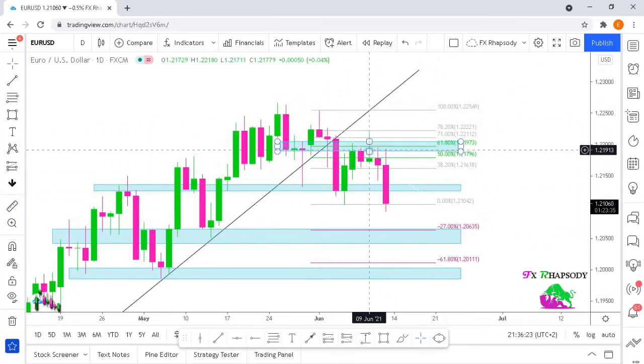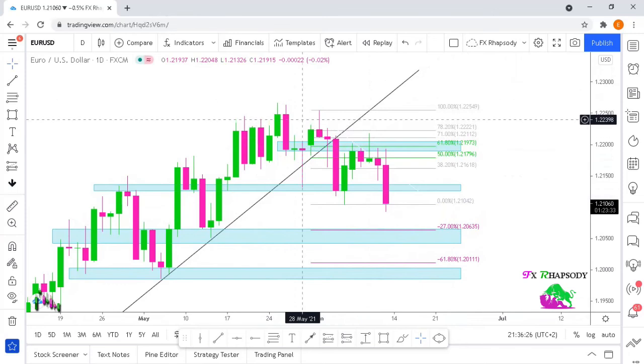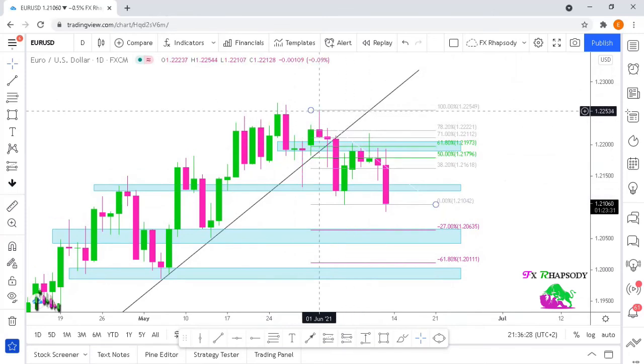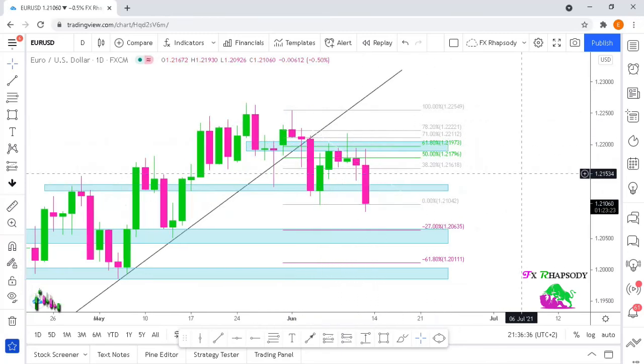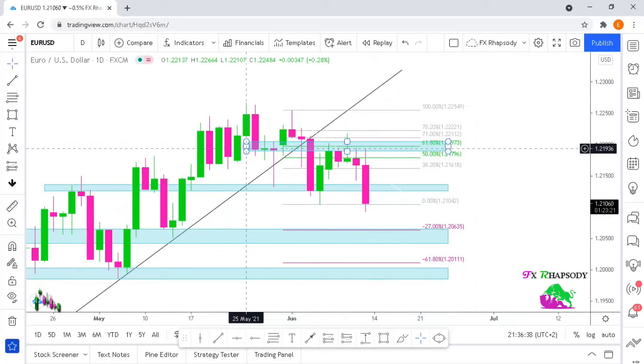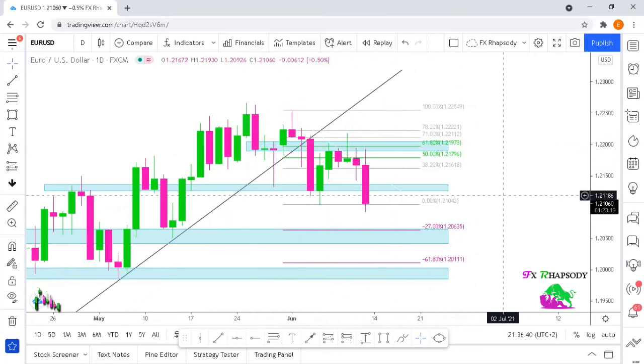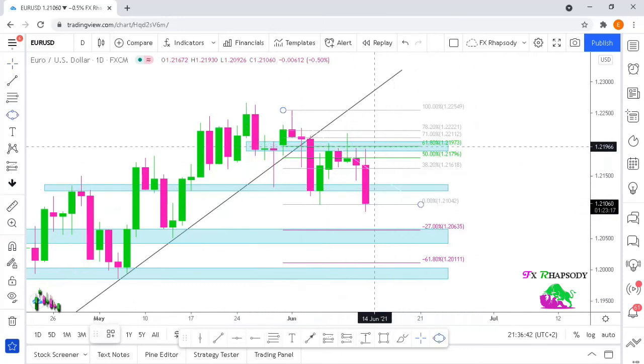So price went from the high to the low, came back up to retest. The retest area was this area that we highlighted, and it is nicely in the 50% again, 61%. It retested that area, it started falling down.